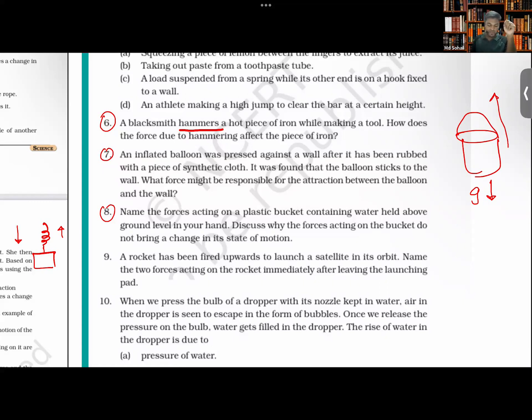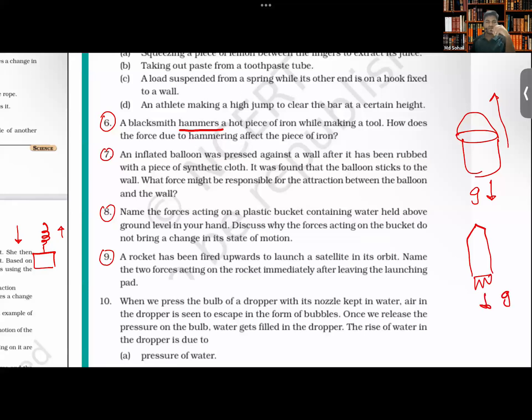Now, Alona, see question number 9. A rocket has been fired upwards. What are the two forces acting on this rocket? Force of gravity and friction. Exactly. One force here is the force of gravity.